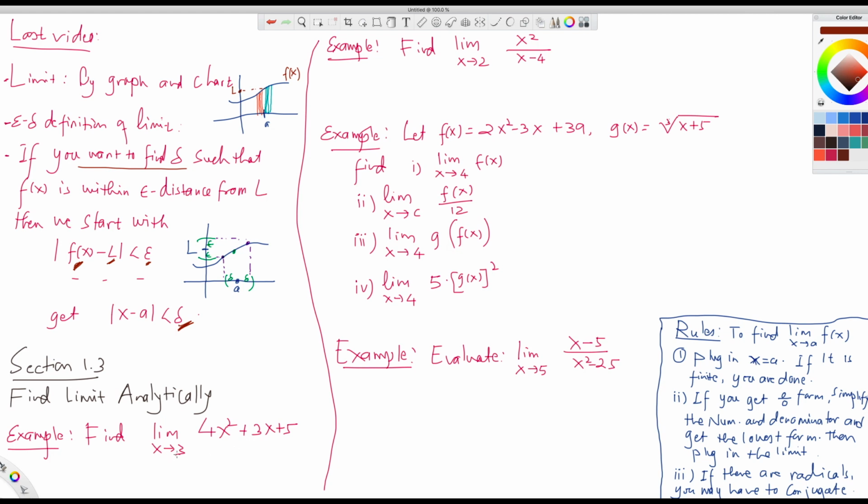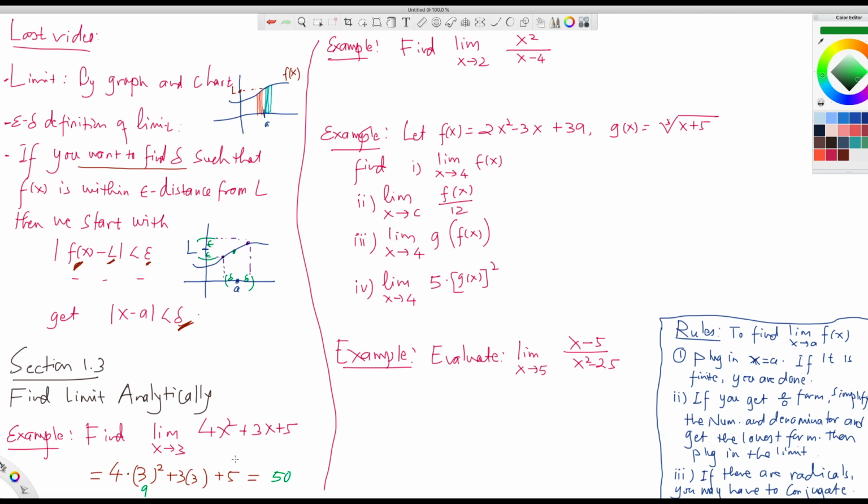So we plug in 3: 4 times 3 squared plus 3 times 3 plus 5. 3 squared is 9, and 4 times 9 is 36. Then 36 plus 9 is 45, plus 5 is 50. So 50 is the answer.